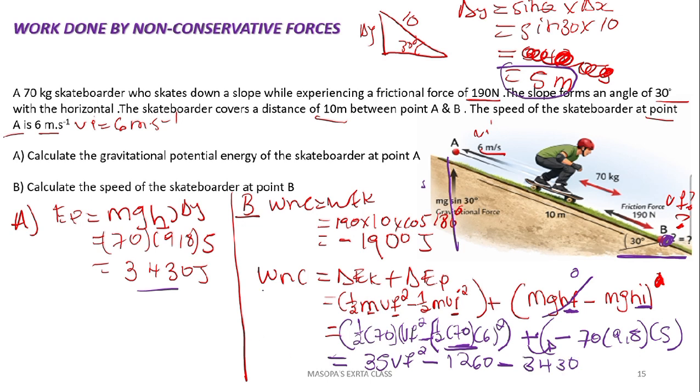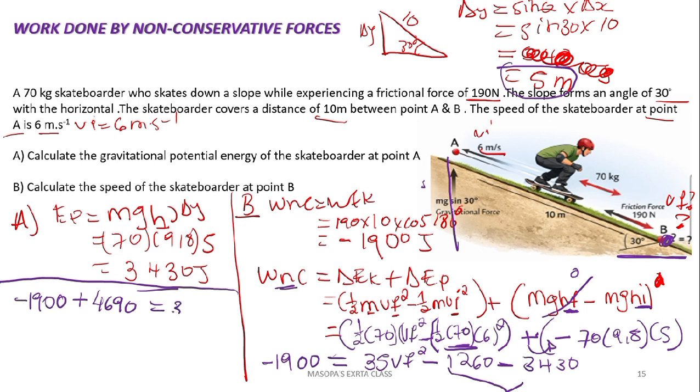And remember, the work done by non-conservative force is negative 1900 joules. Now when you transpose, let me write here, you're going to have negative 1900. When you add this amount, you must get, since it is negative, positive 4690.